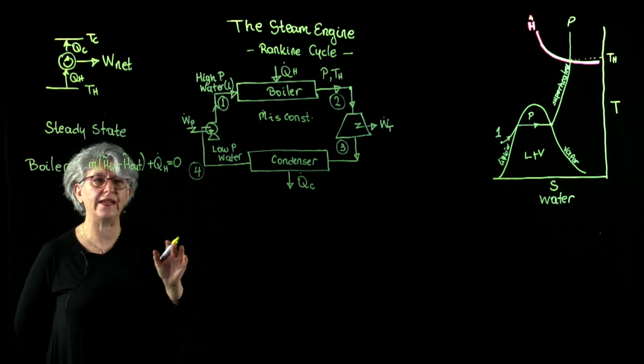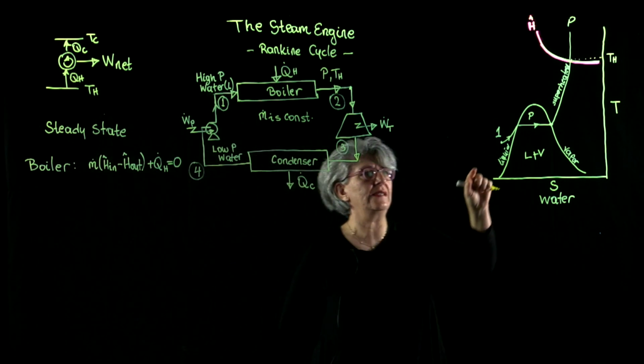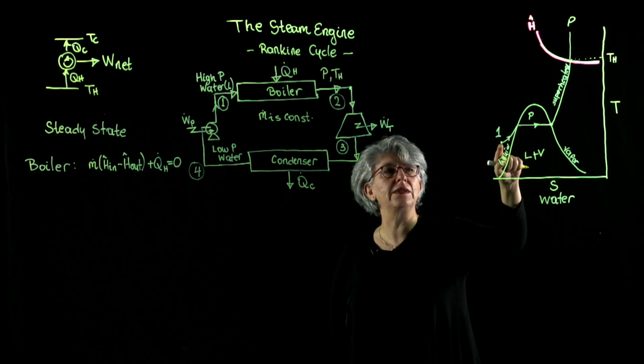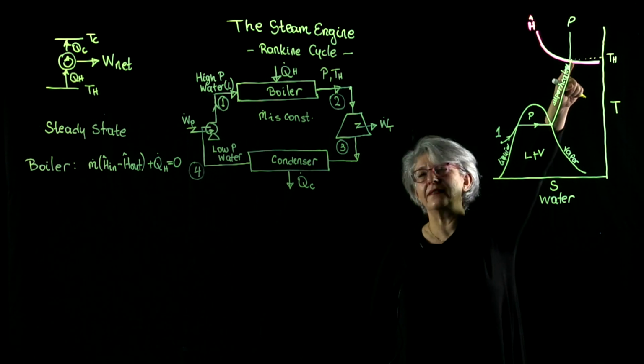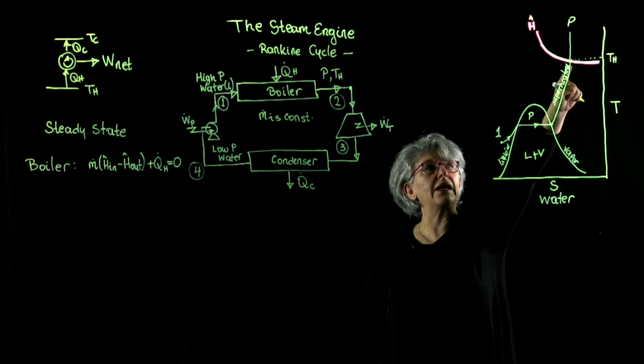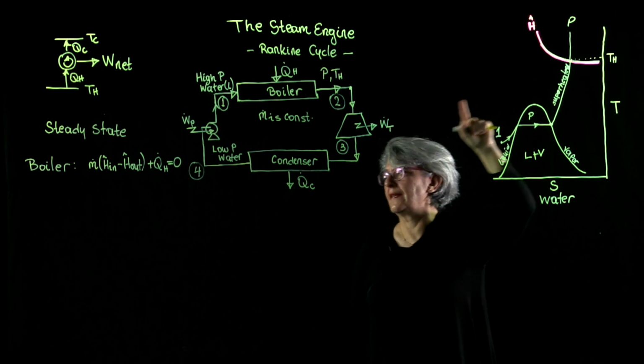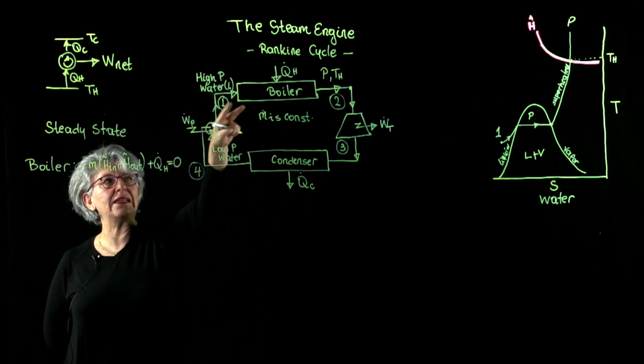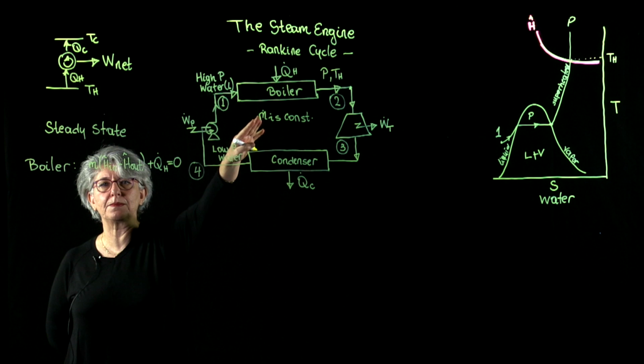Straightforward, as long as we know the state, temperature and pressure of the starting point and the finishing point, we can calculate the amount of heat that we can extract in the boiler from the environment.